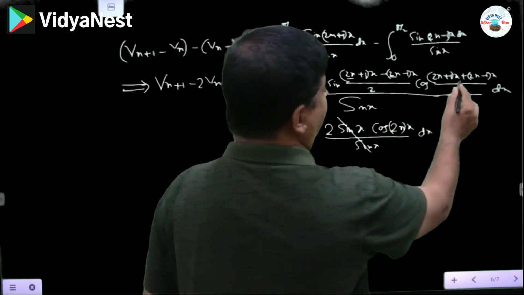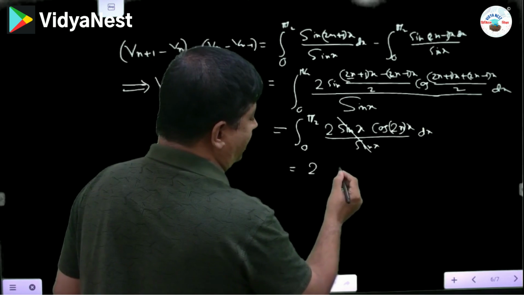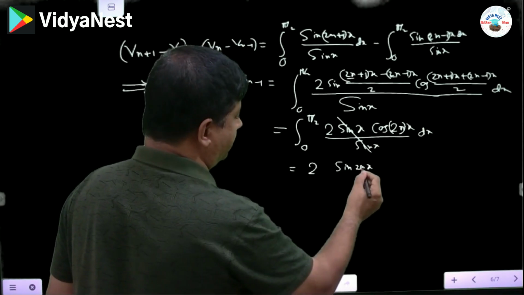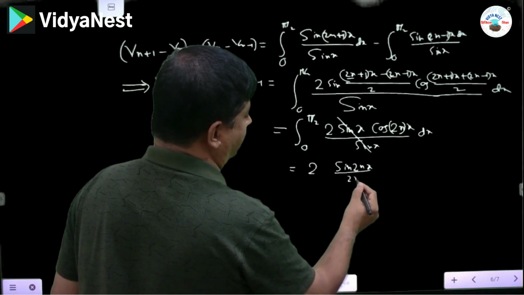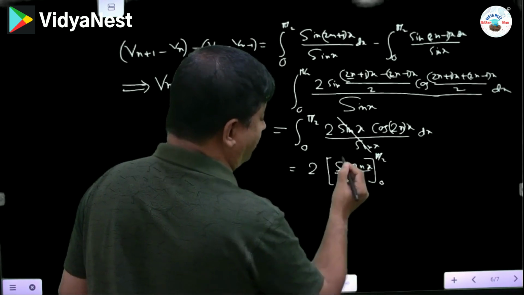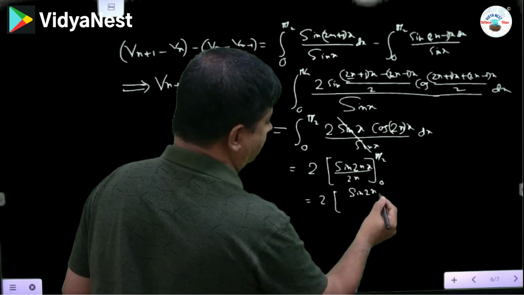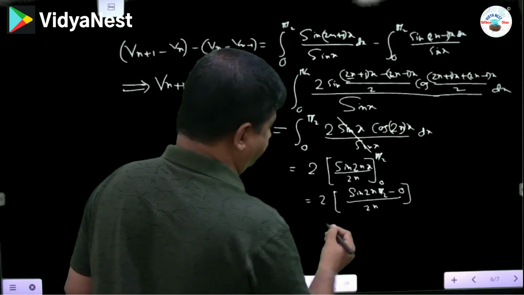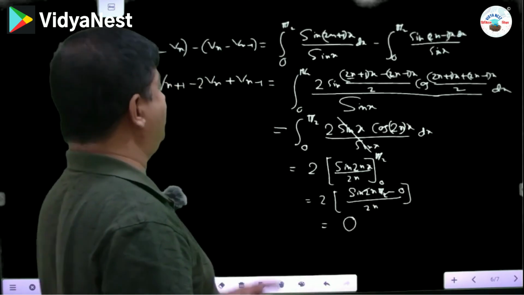There is cos 2nx, sorry. 2 will be brought out, and cos 2nx integration is sin 2nx by 2n. Now you put upper limit and lower limit. Sin n pi 0, whole result will be 0.